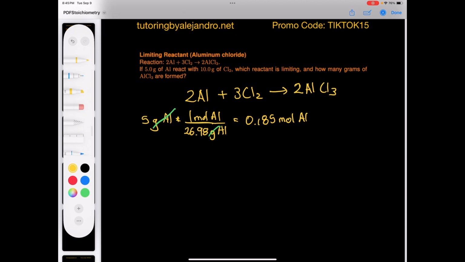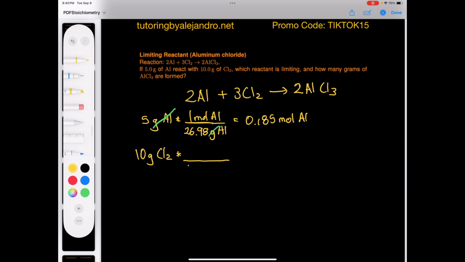Similarly, with the chlorine, they're saying we have 10 grams of Cl2, multiplied by, so we have 2 Cls, each of them are about 35 or so. Let me see the exact quantity.